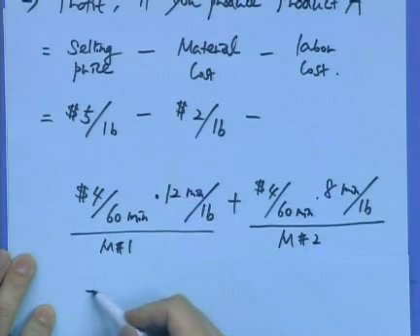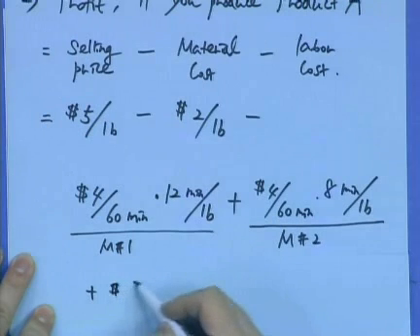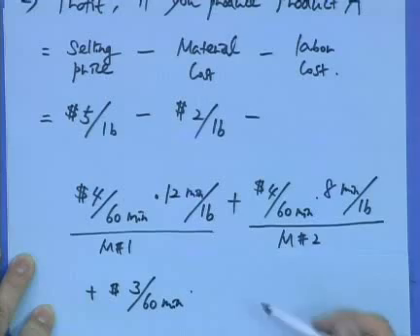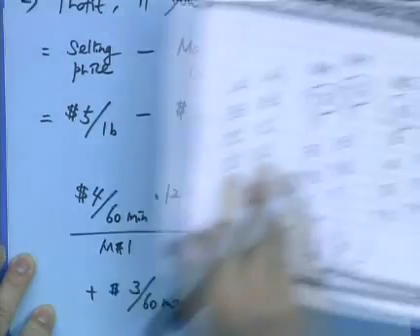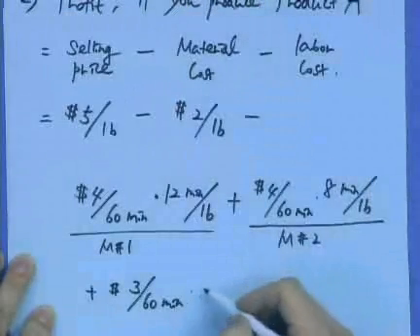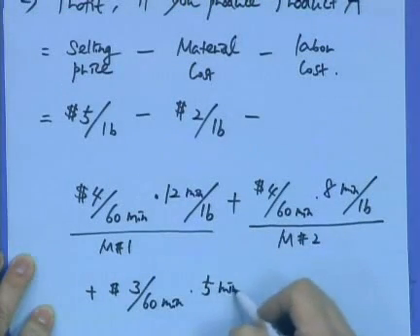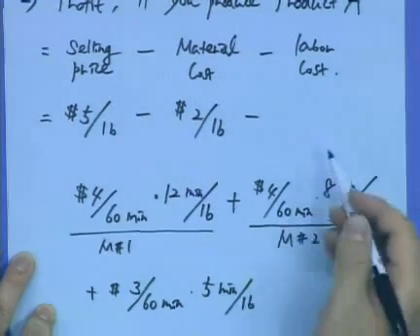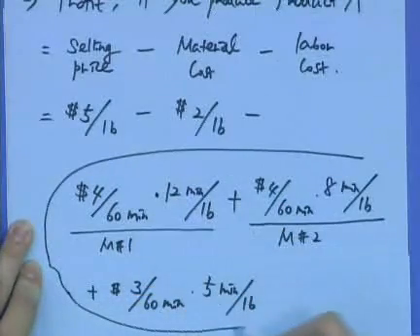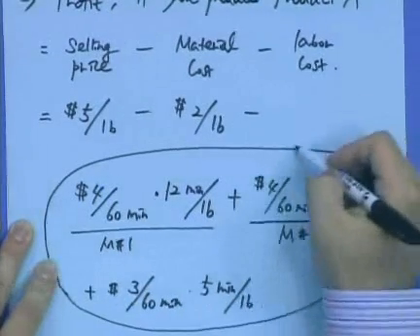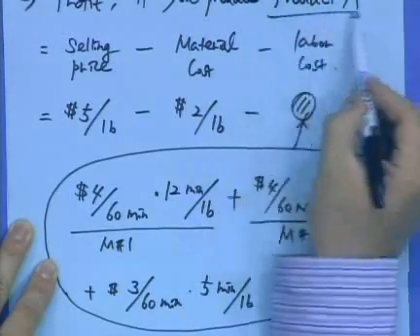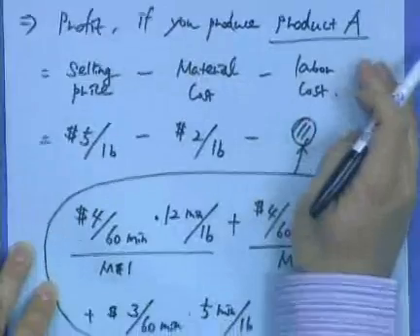And plus $3 per 60 minutes times 5 minutes per pound, right? So if you combine all of these 3 terms, it becomes your labor cost for producing product A. Okay?